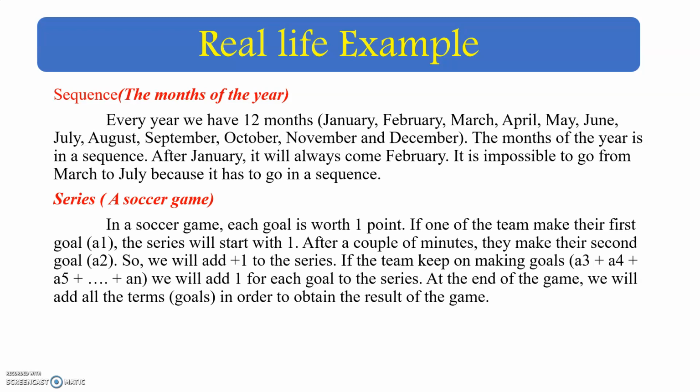We add 1 to the series if the team keeps on making goals: A3 plus A4 plus A5, since each goal is worth 1 point. If they start with 1, adding another one you get 2, then 3, then 4, and so on, up to the nth term, where 1 is added for each goal.